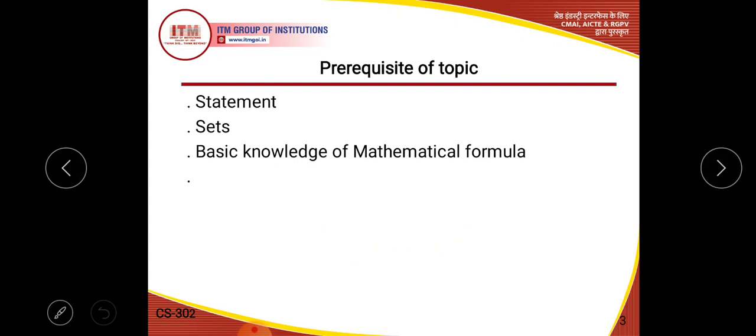What is a set? What is a well defined set? Types of set. So, you should have basic knowledge about sets also. And the last is basic knowledge about mathematical formulas. So, you should have a basic idea about these topics.